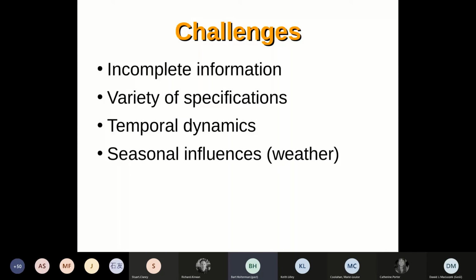And finally, there are seasonal influences and weather conditions that can severely influence the possibility to travel certain routes.